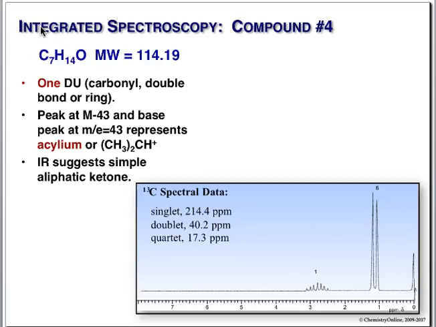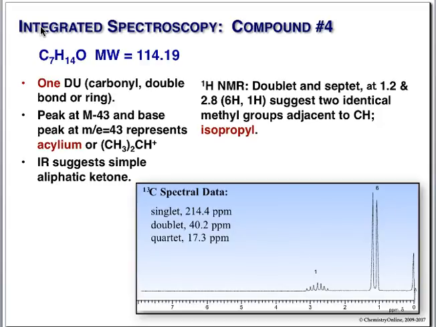If we look at the C13, here we have a singlet. That's a ketone carbonyl. And again, a doublet, that's a CH, and a quartet, that's a CH3.